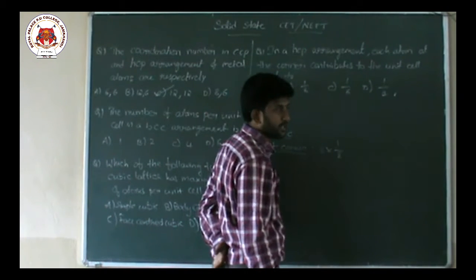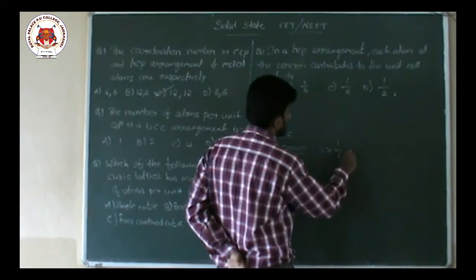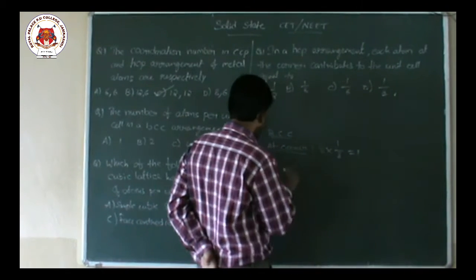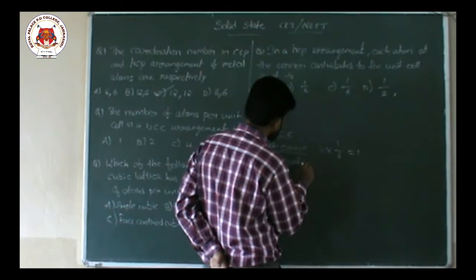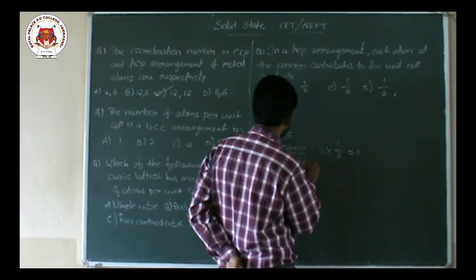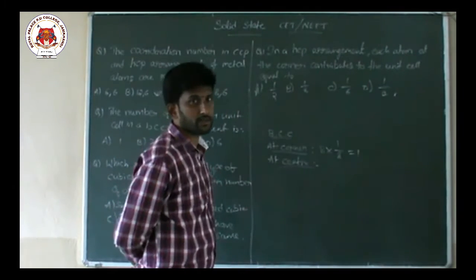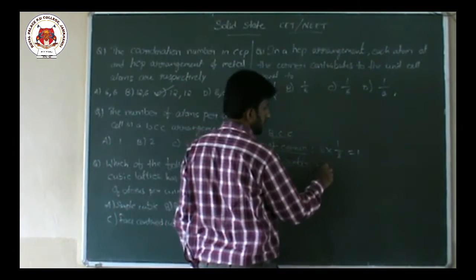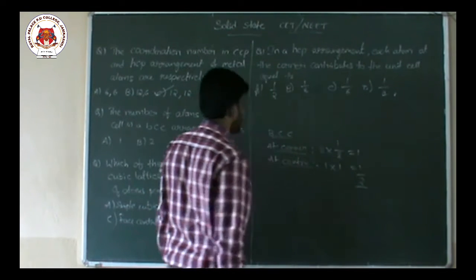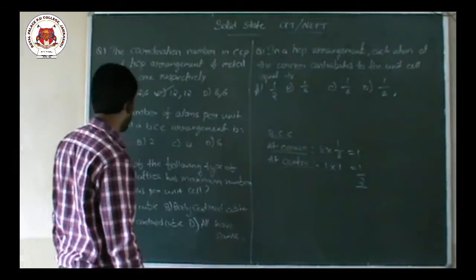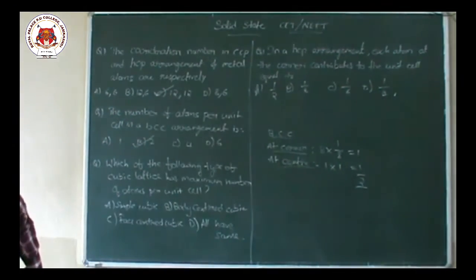One sphere is shared by 8 cubes, so corner contribution is 1 by 8, which is equal to 1. BCC means one atom is present at the center of the cube, so contribution will be 1 into 1, that is 1. So totally there are 2 atoms per unit cell in BCC structure.